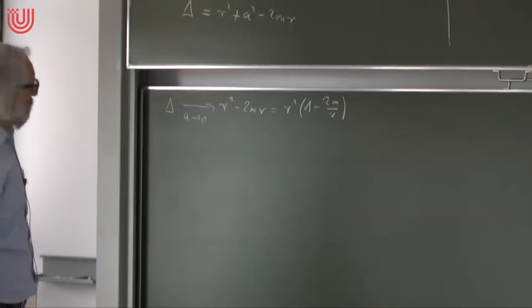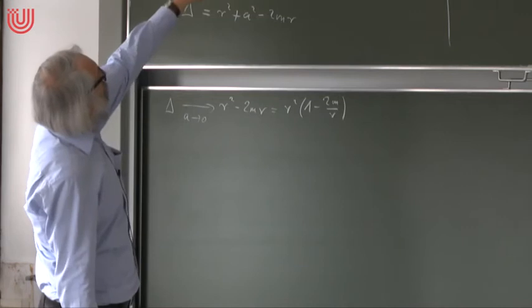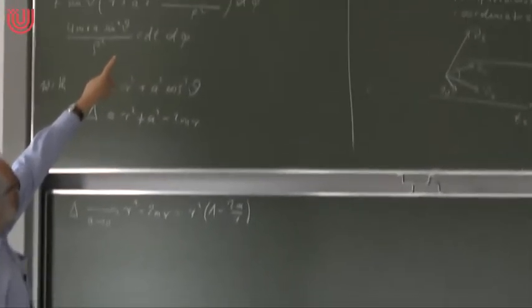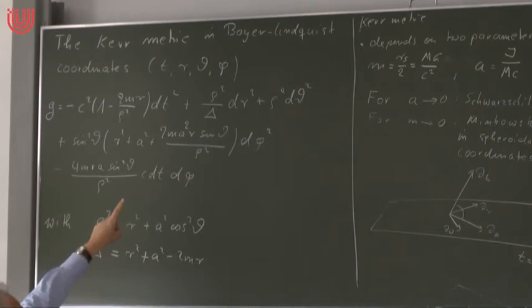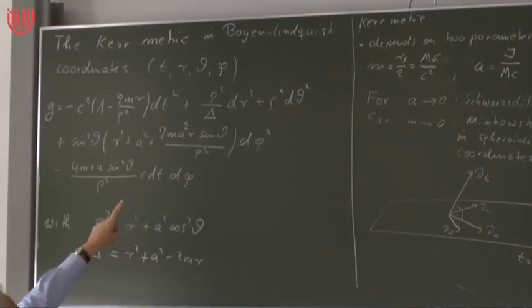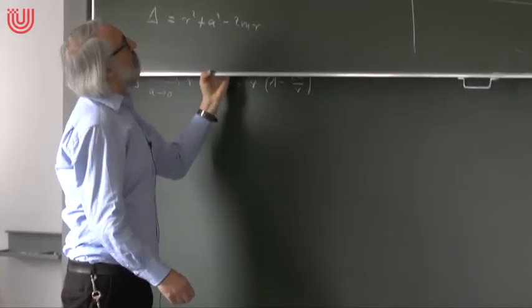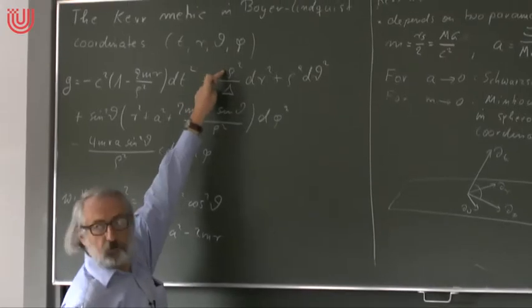So apart from the case r equals 0, which we have discussed, also by the way, the delta in the denominator comes with a rho squared in the numerator. So for r to 0, this brings an r squared also in the numerator, right? So this r squared here in the denominator cancels with the r squared here.